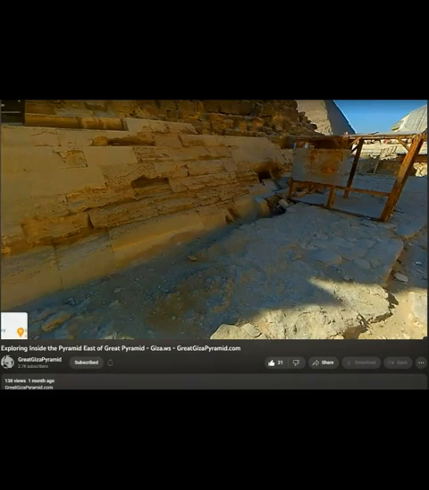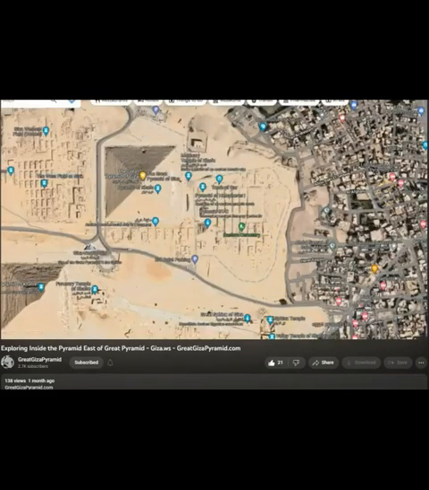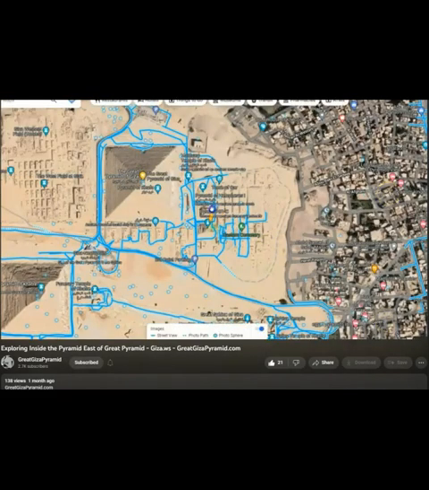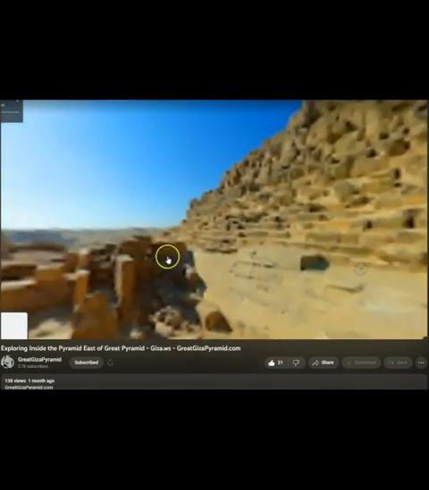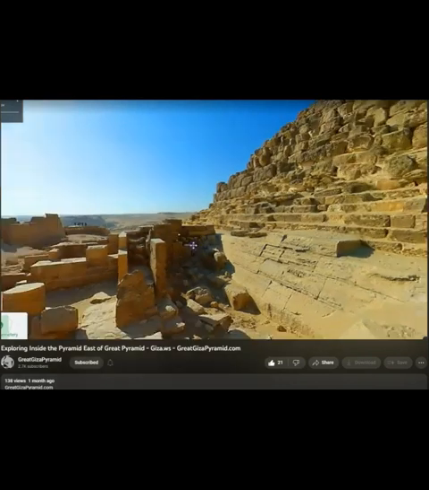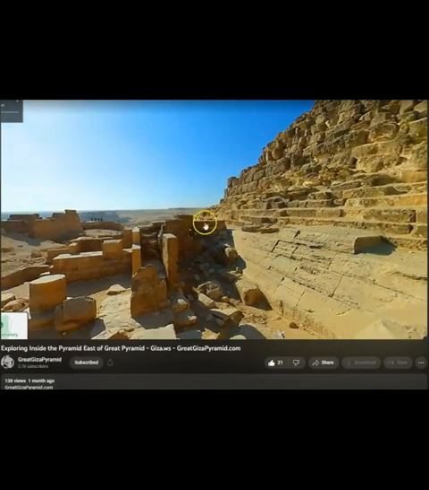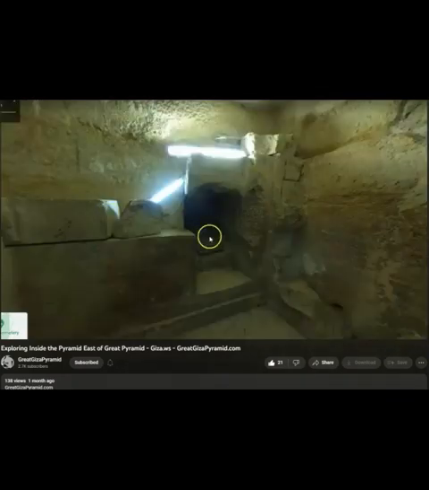And if we look at this side, we can see that there's also an entrance right here. This entrance seems to be all covered up, but at one point you can see that it went down and into the structure. And when you used to be able to venture into there, you would come in through here into the structure.